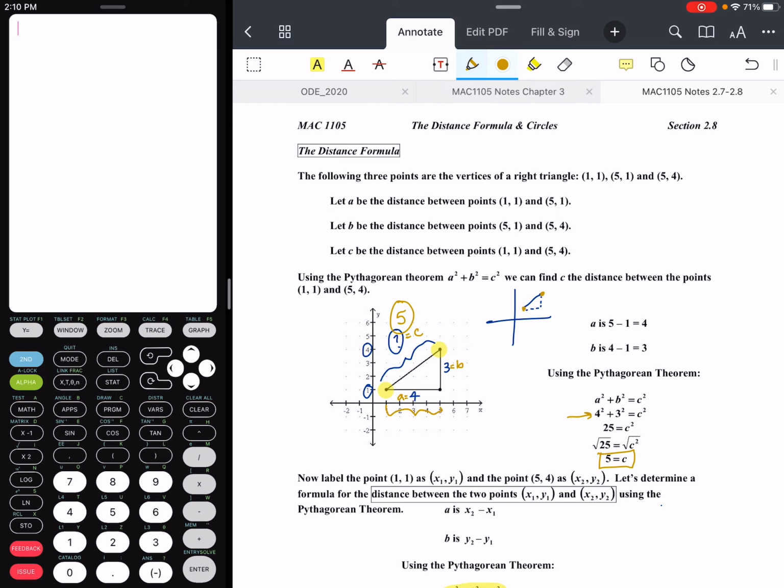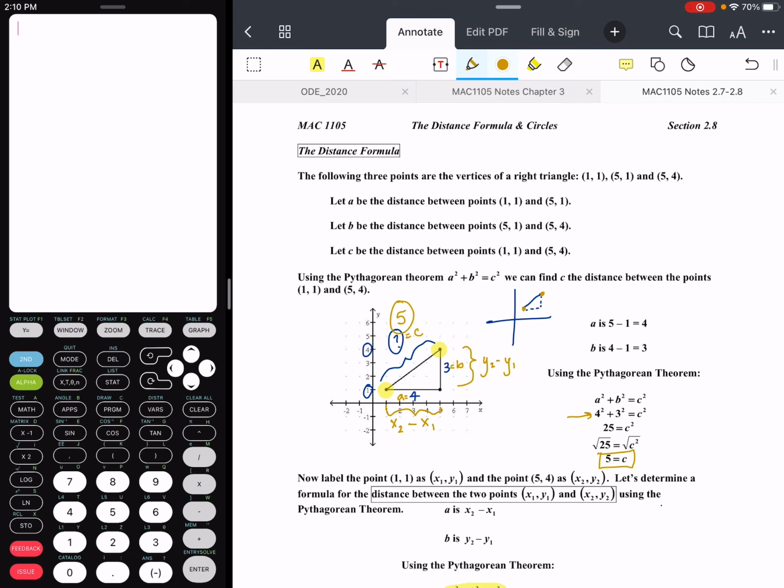The difference between the 2 x values, so you could say x sub 2 minus x sub 1 is going to give you that horizontal distance. So in our case, it was 5 minus 1. That gave us the distance of 4. And vertically, we got our distance of 3, but that came from 4 minus 1. We could refer to that as the difference between our 2 y values, our y coordinates, right?